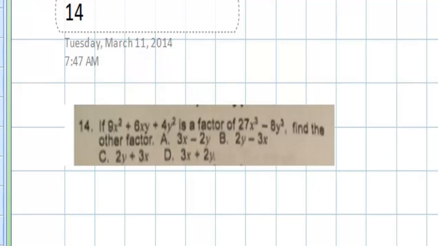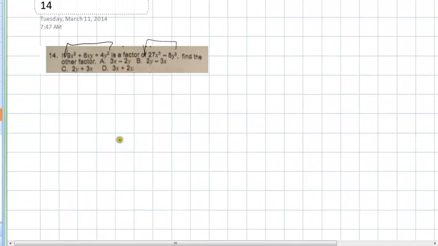So here we have question 14, and it says if 9x squared plus 6xy plus 4y squared is a factor of 27x cubed minus 8y cubed, find the other factor. First off, they're telling us that this polynomial is a factor of this one. What does that mean?